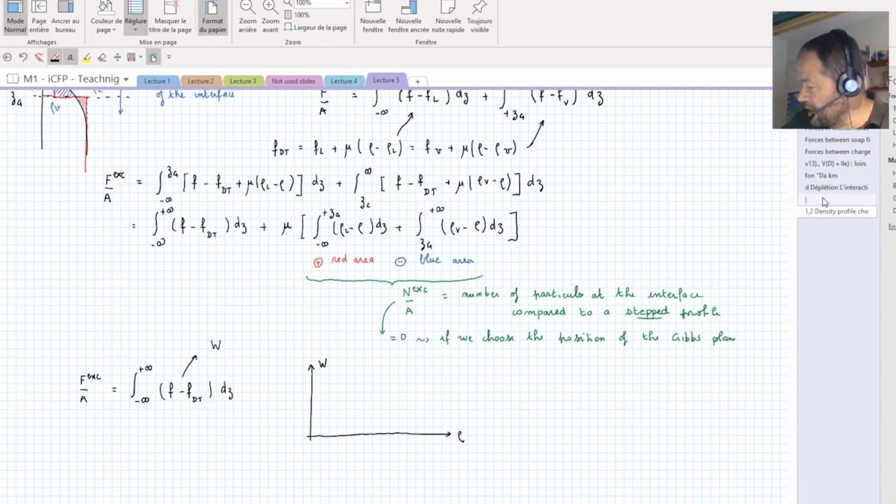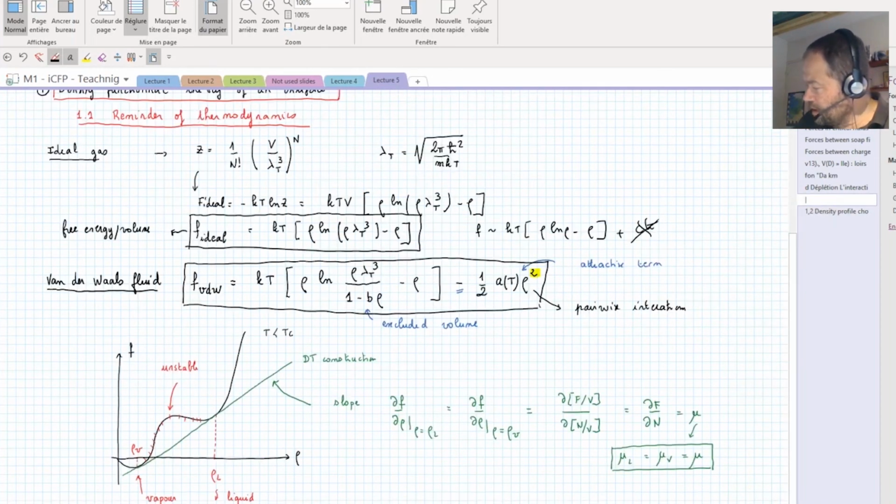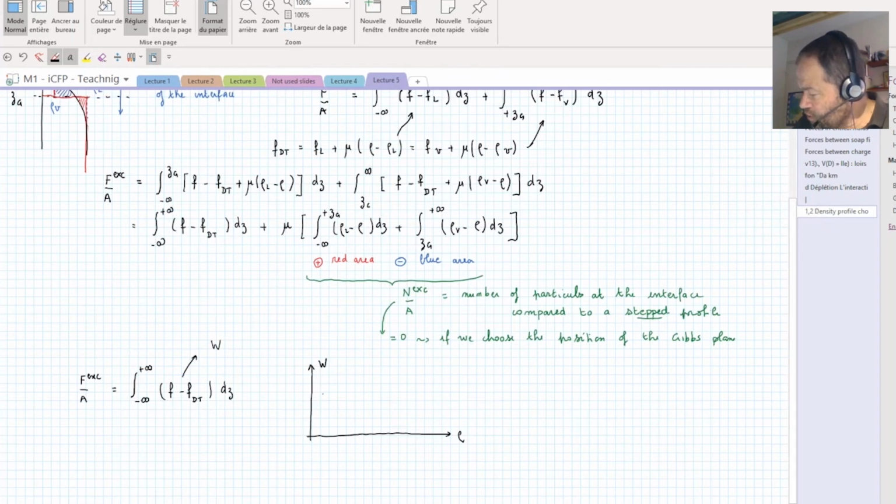If I come to what I had here, it will be a curve which looks more like that. Sorry, my drawings are very, very bad.